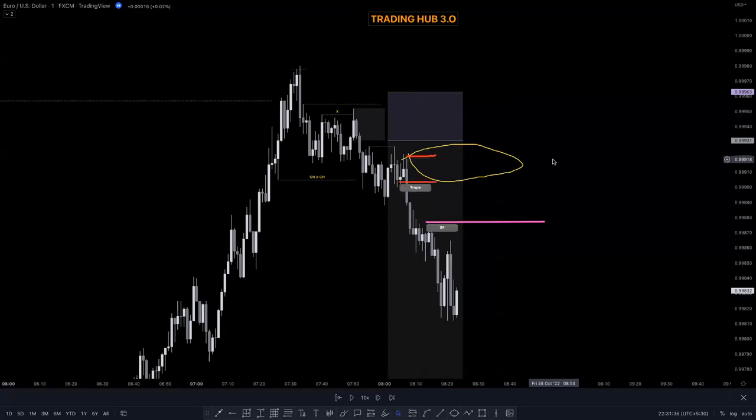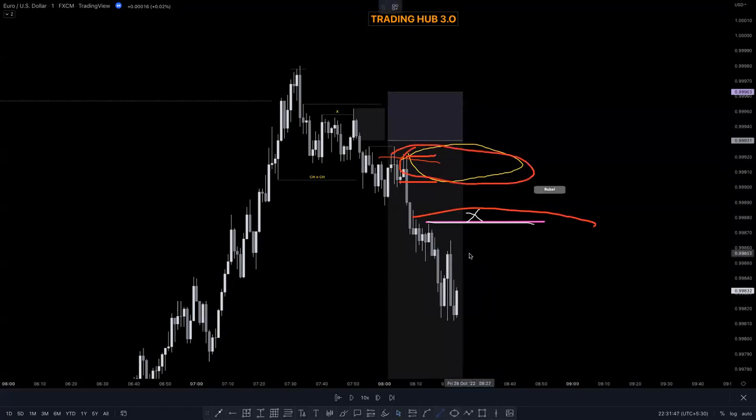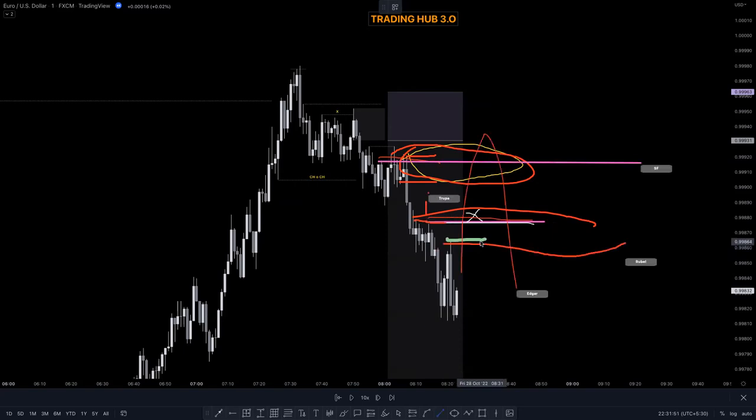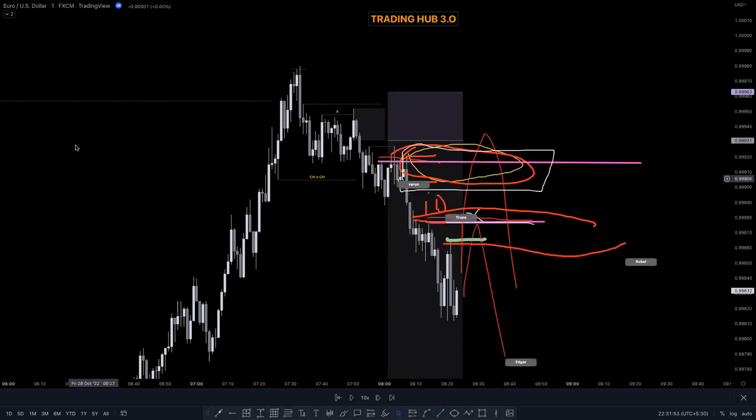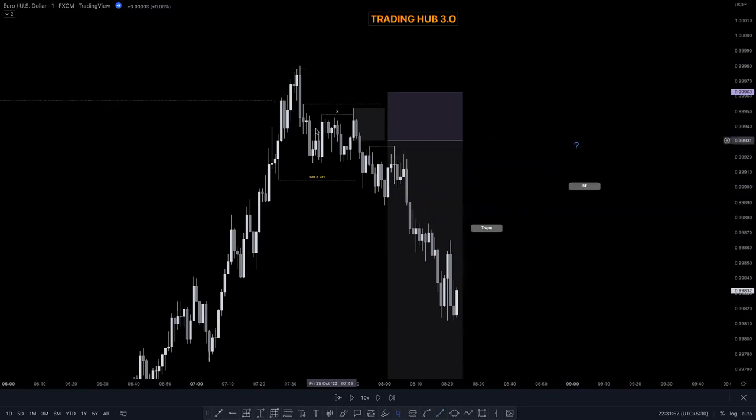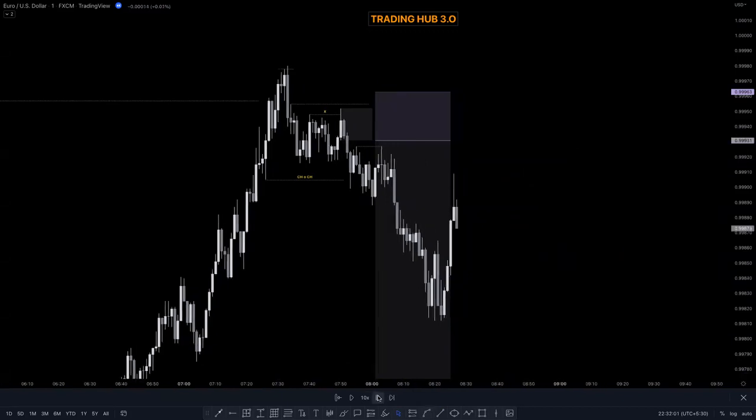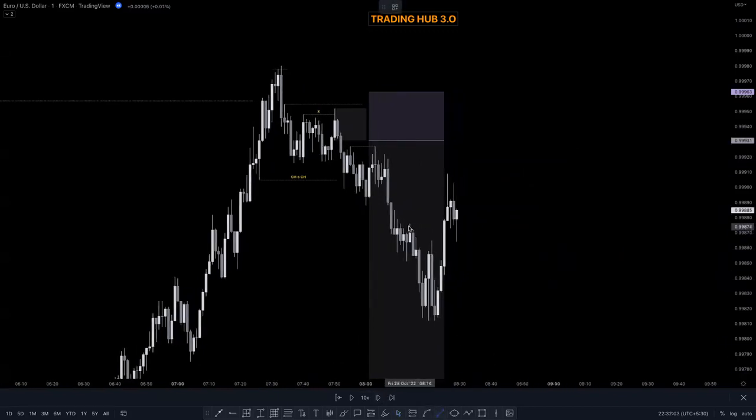First of all, you have to mark the inducement in this leg, the first high. After this high is broken, we can sell. So when can we take entry for the sell? Okay, let's see. I'm sorry, this side.